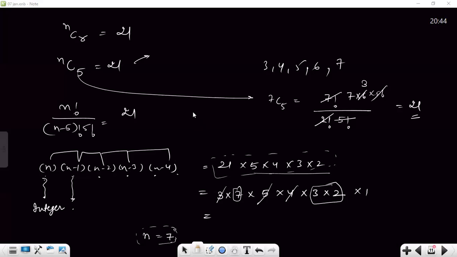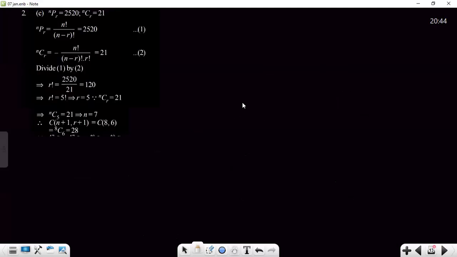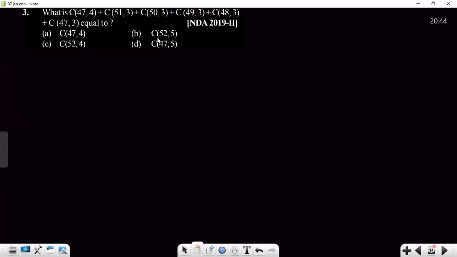No? Okay, then let's move ahead. This is the correct answer. Now, we remember the properties of nCr, nCr plus nC(r minus 1) equals (n plus 1)Cr. That is the property that is going to be applicable here.